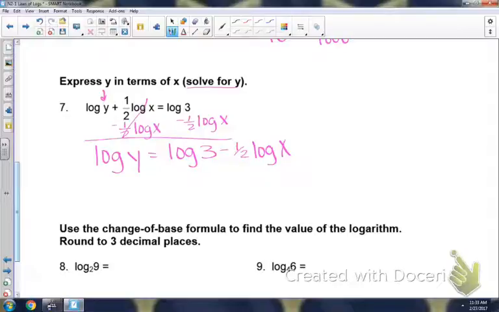Okay, so we're wanting to get y by itself. So notice we just have log of y on the left side. Remember we talked about on the front, whenever we have one log that equals another log, we can drop those and they should be equal. So I want to condense this right side. So I'm going to make that coefficient an exponent.